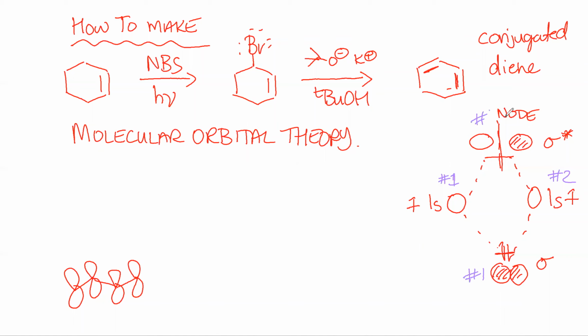So we start with 2 atomic orbitals, and we make 2 molecular orbitals. So in a system over here where we've got 4 p orbitals, if they're all coming together to make molecular orbitals, we should have 4 different molecular orbitals for a system like butadiene. I'm just going to draw them all out here.